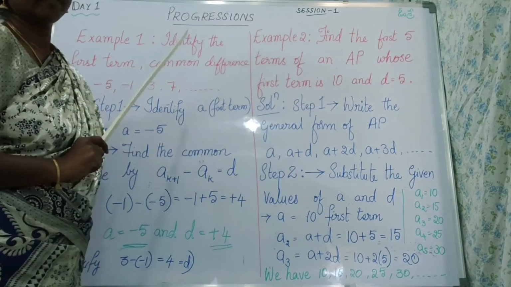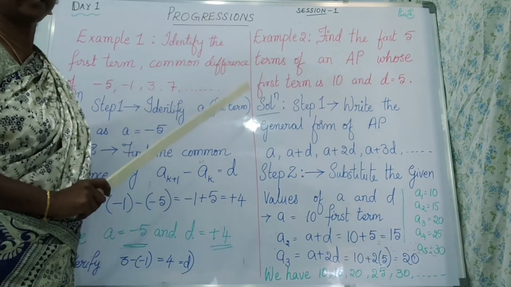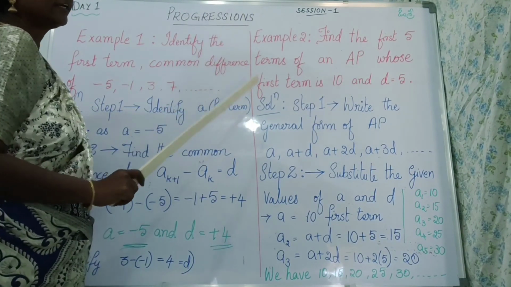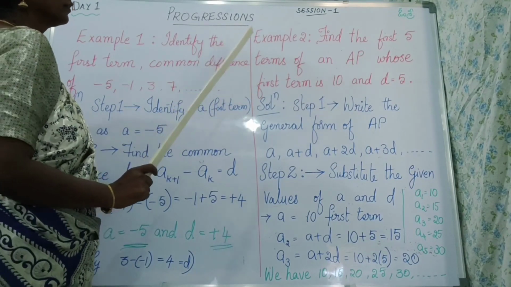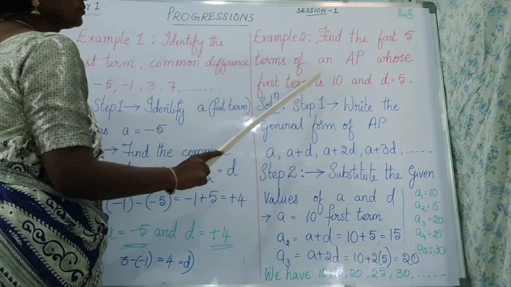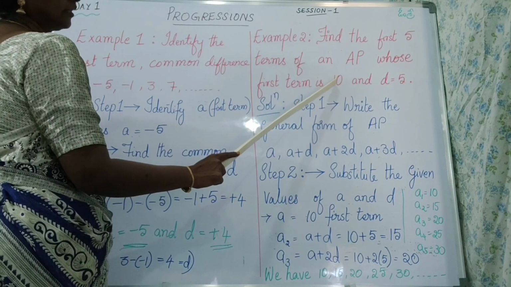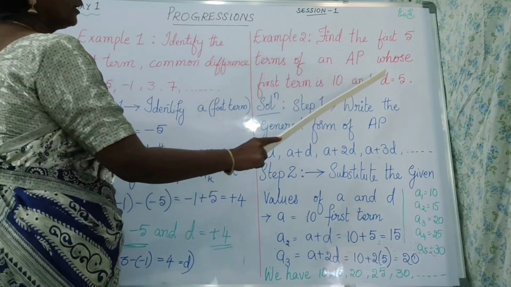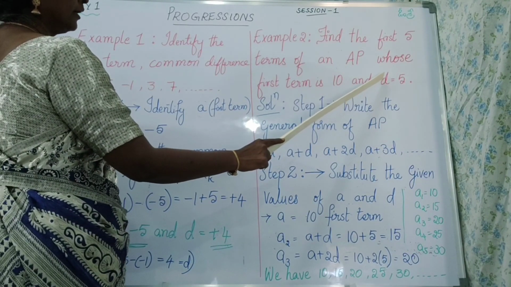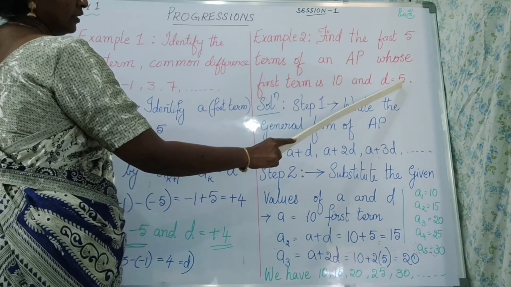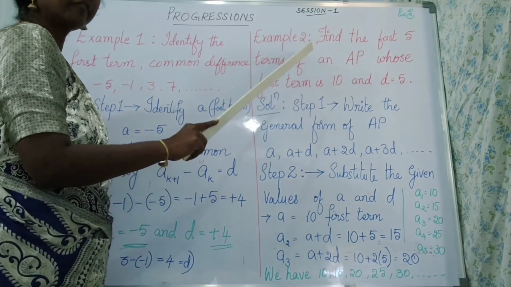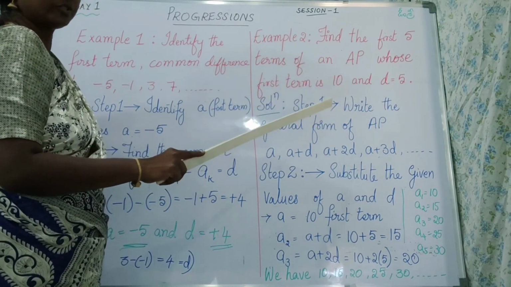To solve the given problem, first you have to identify what data is given. The first term, which is small a, has the value 10. And the common difference, denoted by d, has the value 5. So this is the data that we have identified in the given problem for the solution.